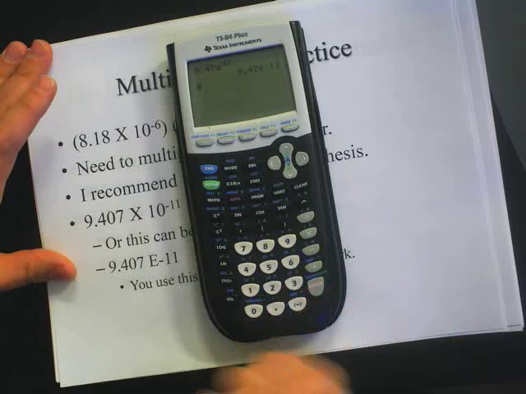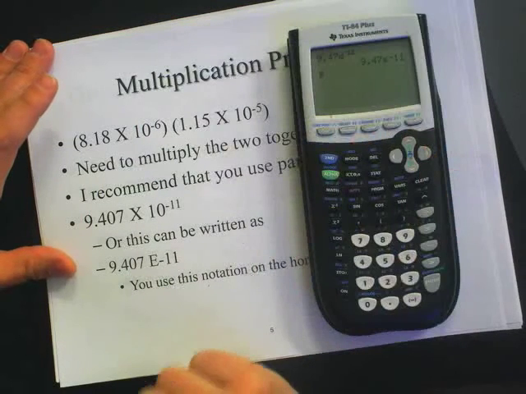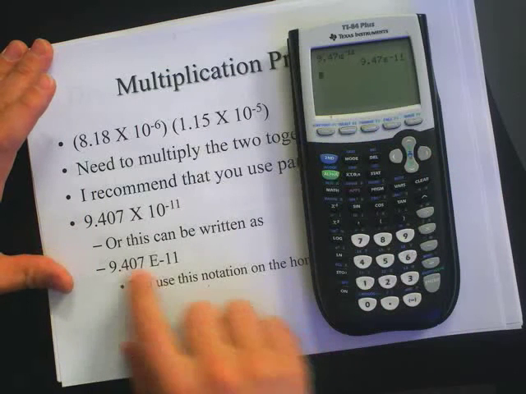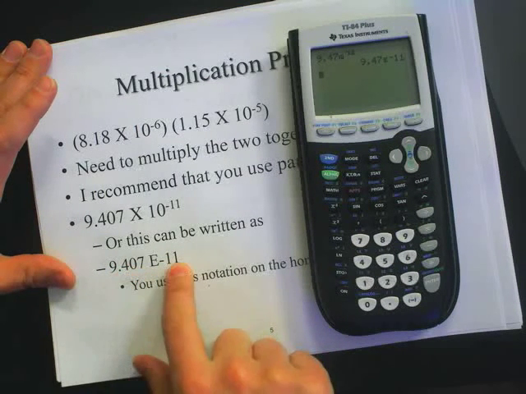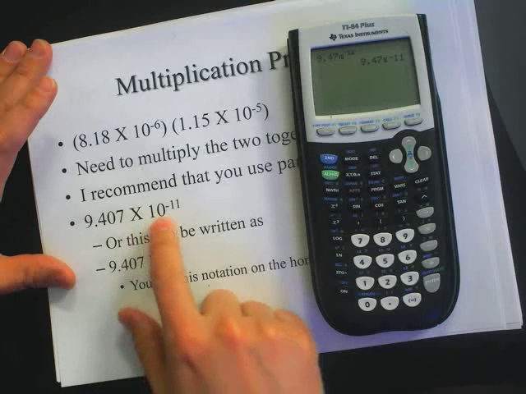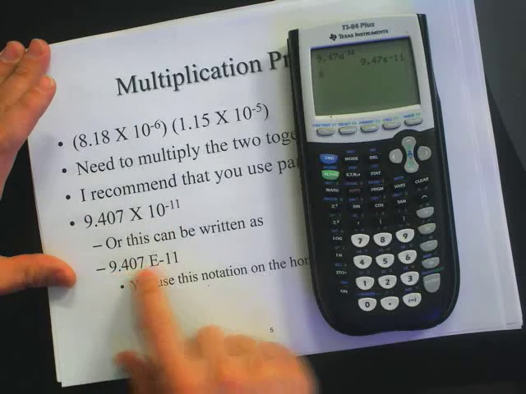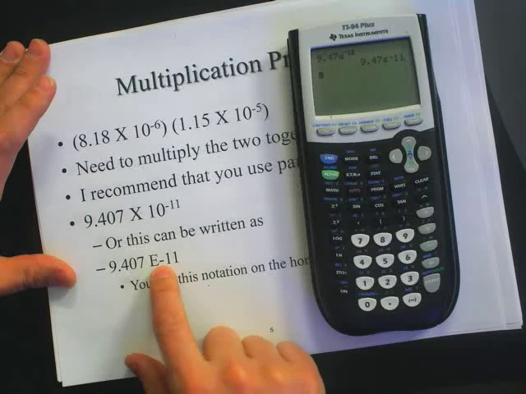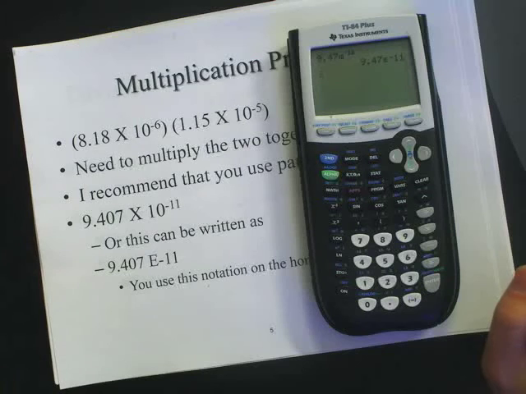Okay, but when you're putting things into the Blue website, into your homework, or any sort of computer website usually, you're going to use this notation, where instead of writing times 10 to the negative 11th, you can just write 9.407 E minus 11. And that's the notation that if somebody reads that, they know that what you mean is times 10 to the negative 11th.